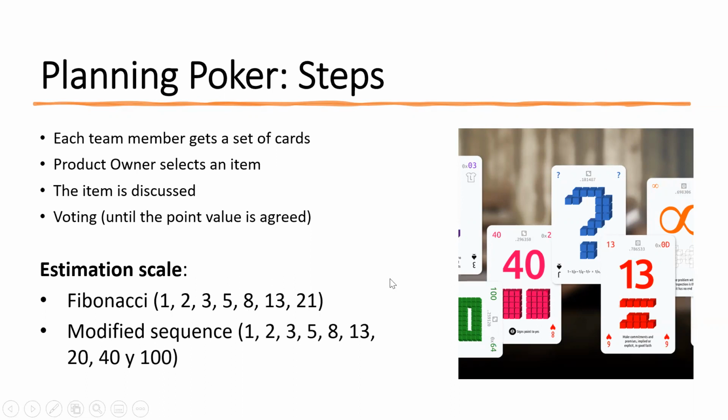In my previous experience with Fibonacci, when you have 8 in a discussion, it needs to be broken down. 8 is too much, and 13 and 21 is something I've never seen in reality.